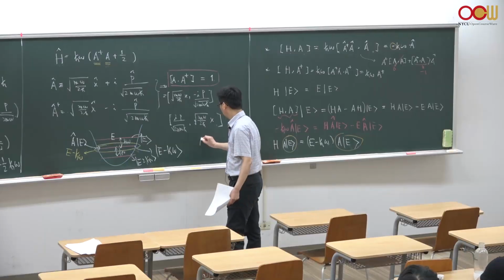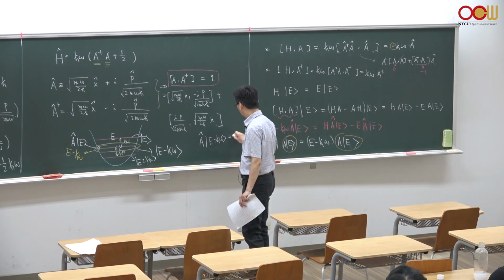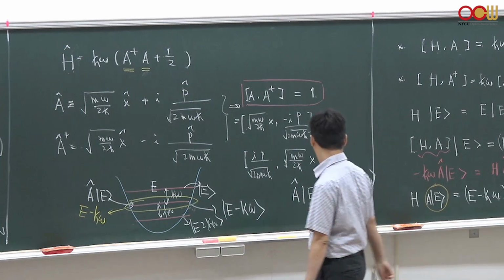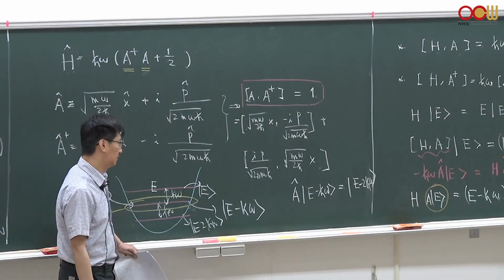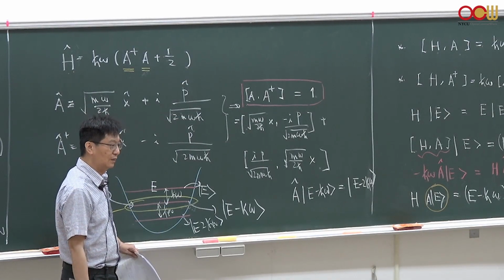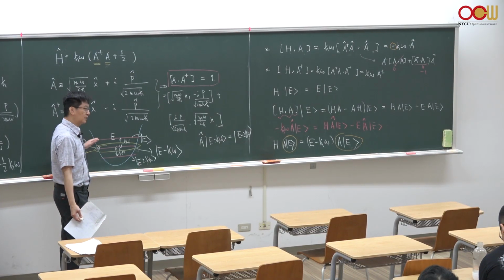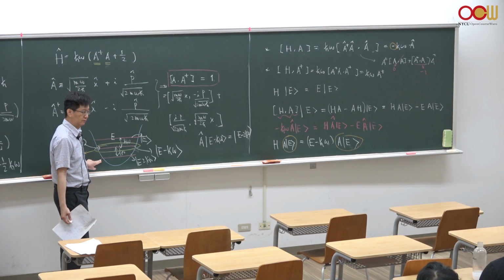If I just keep applying this operator A onto these eigenstates of the harmonic oscillator, I get another eigenstate with a lower level by 1. You could keep doing this, playing this trick, and go from any floor all the way down to the ground floor.